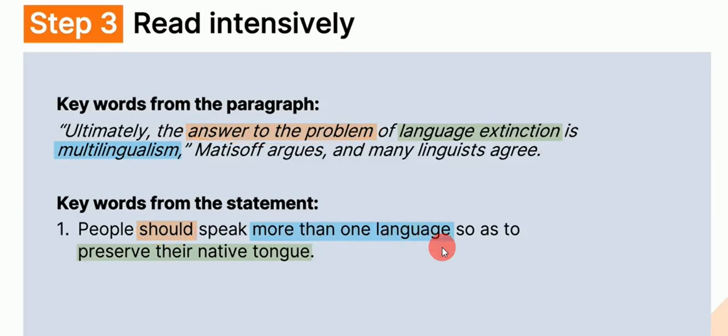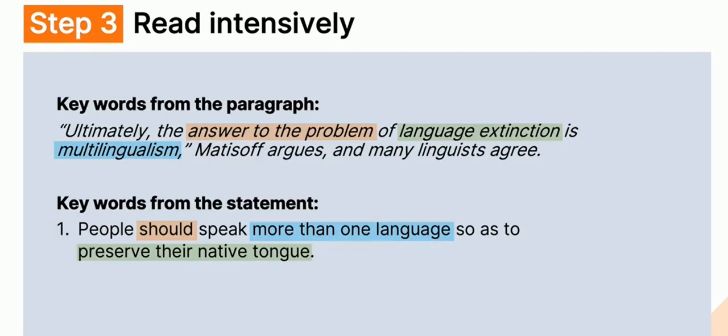Next, you can see that the paragraph uses the words language extinction, while the vocabulary from the statement mentions preserve their native tongue. These meanings are related, and they are opposites. Finally, you can see that multilingualism has the same meaning as more than one language. Now, read the statement and paragraph extract one final time.